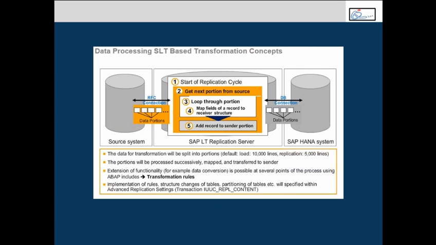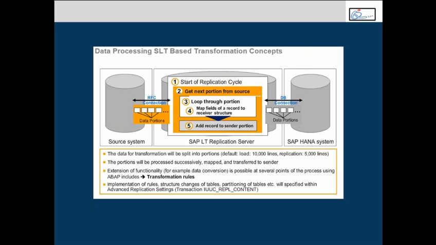Same way here, we call that a portion. When processing data through SLT, the data is processed portion by portion. If the portion size is 10,000 records, each set of 10,000 records is processed at once. That is called a portion. We can control the portion size also, how many records it should be.